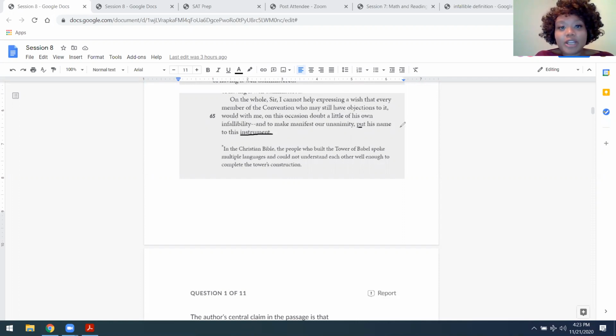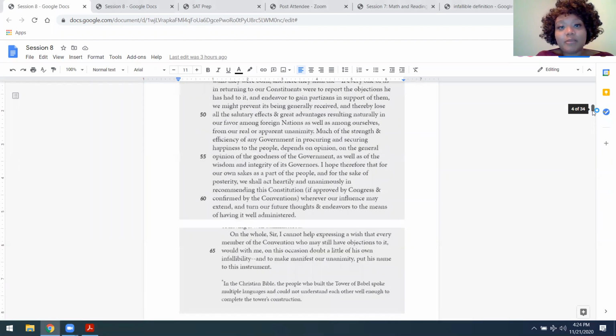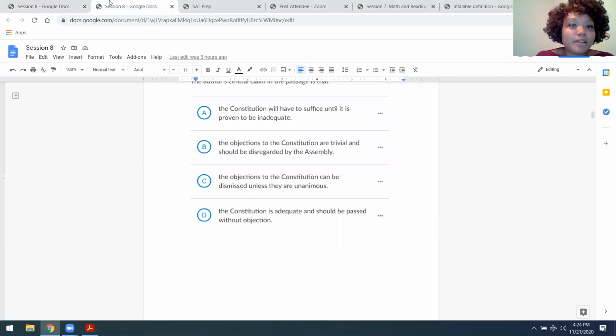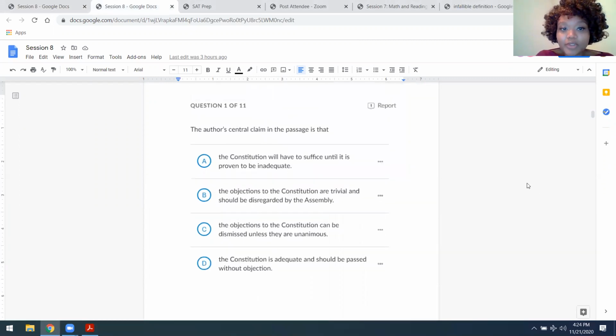So he's saying put your name on it, basically. So when you're reading these history passages from the founding fathers and all that, just keep in mind that they're extra. They're going to say some very simple things, but they're going to say it in a complicated way. I don't think complicatedly is a word. Pretend like I didn't say that. Anyway, so the correct answer is D.